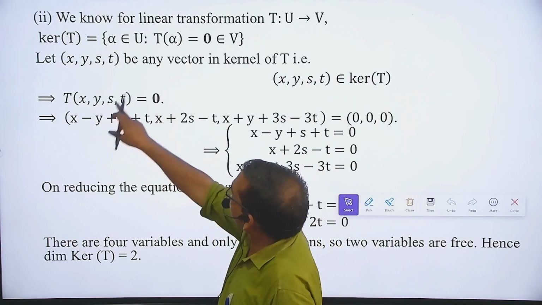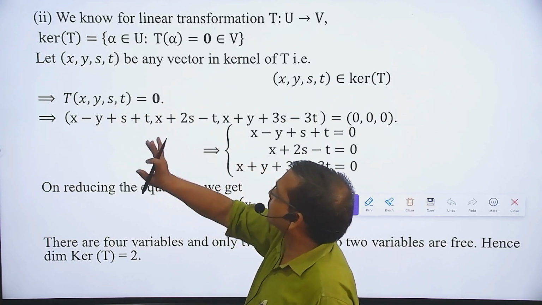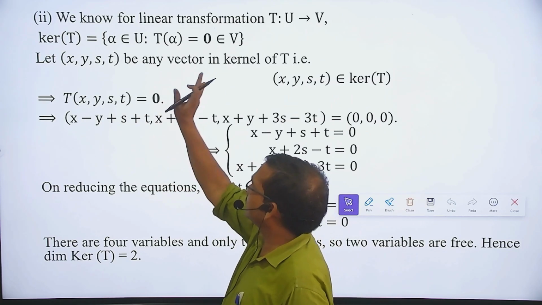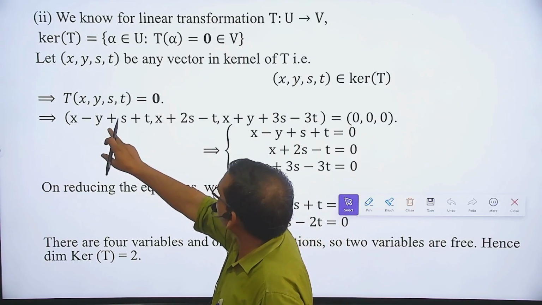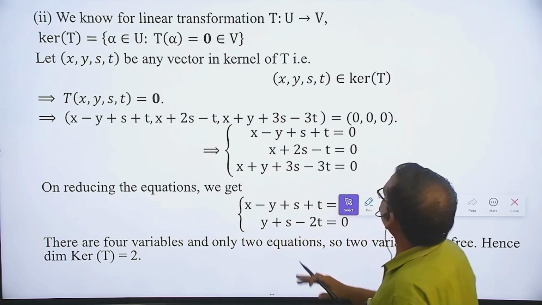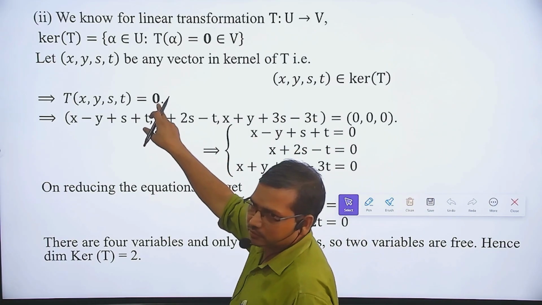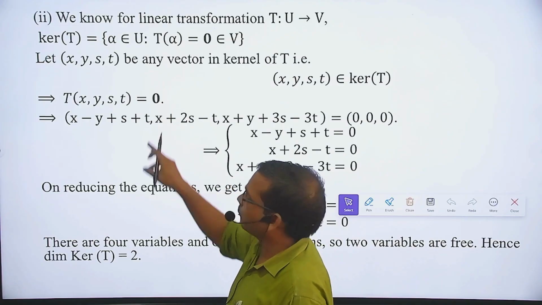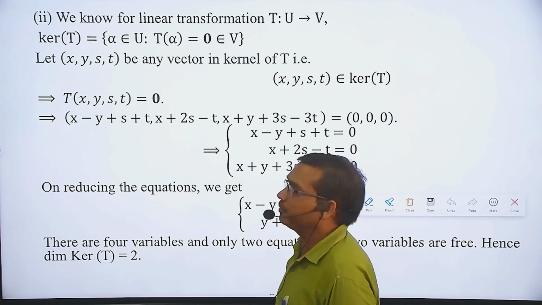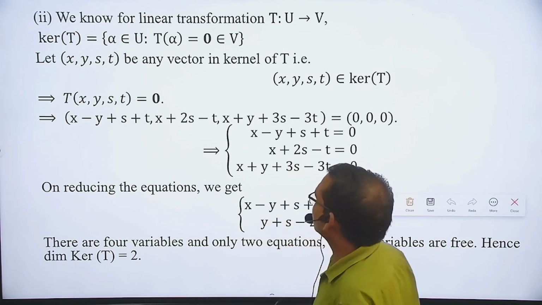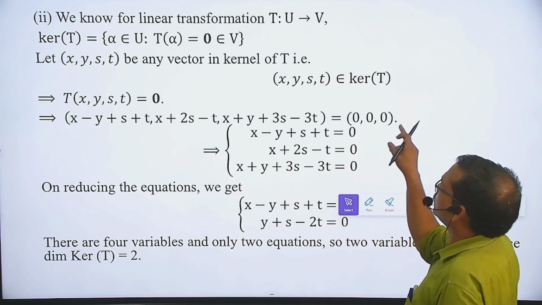The transformation of (x, y, s, t) is equal to this expression having three components, and this will be 0. Since this 0 vector belongs to the range space, and the range space has 3 dimensions, the 0 vector has 3 components: 0, 0, 0.